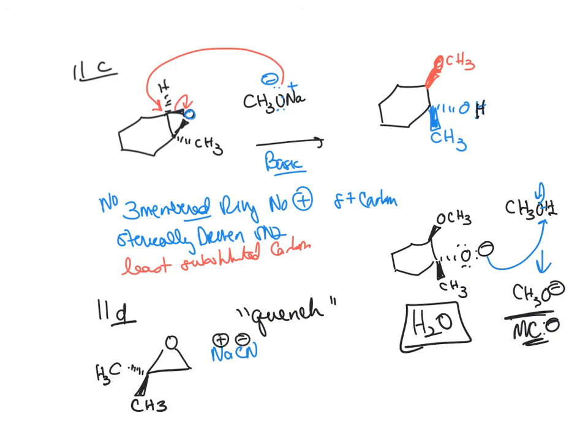Which carbon would be most likely attacked? It would be the less hindered, so the less substituted carbon. Because the epoxide is not protonated, a partial cation is not likely to be formed. Is the regioselectivity in this reaction controlled by electronic or sterics? This would be sterically controlled because there's no positive.